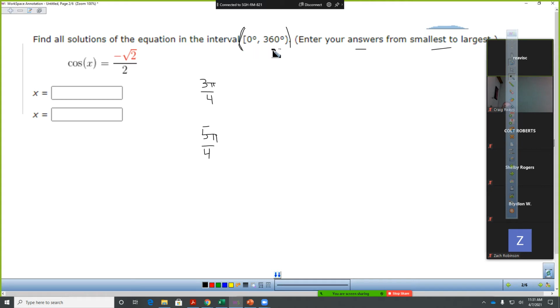Now, if it did not give you this right here, and it just said find all the solutions, well, what we know is 3 pi over 4, the cosine of 3 pi over 4 is equal to negative square root of 2 over 2. But every time you go around that unit circle 360 degrees, it's going to come back to that negative square root of 2 over 2 value.